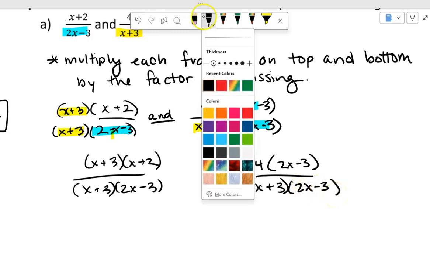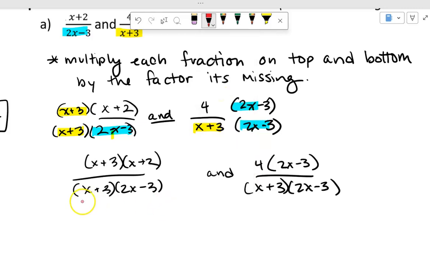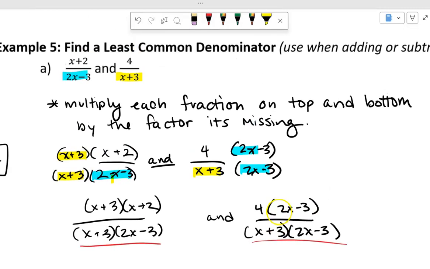I say this just to show you that now I magically have common denominators, so these fractions are now allowed to be added or subtracted because they have common denominators. Originally, we could not add or subtract them together.